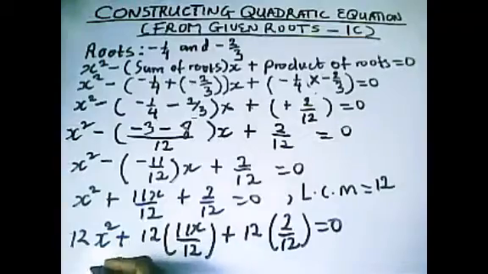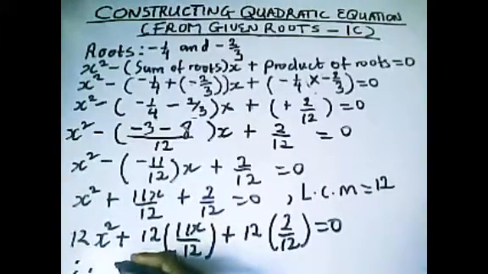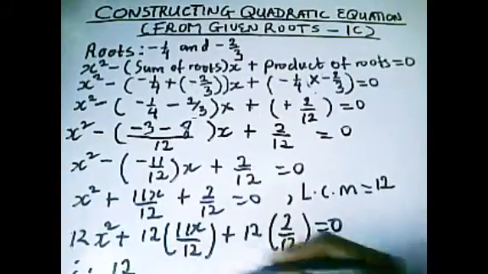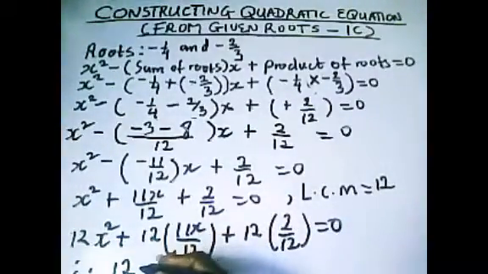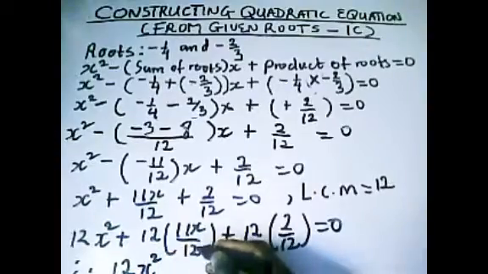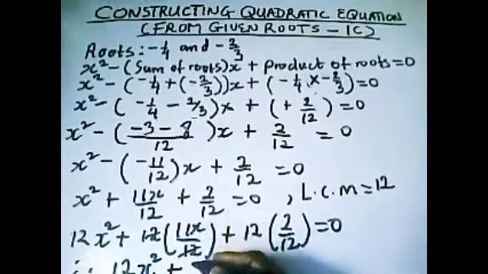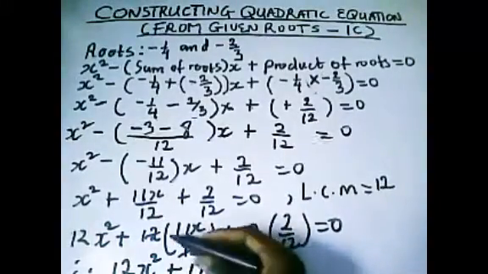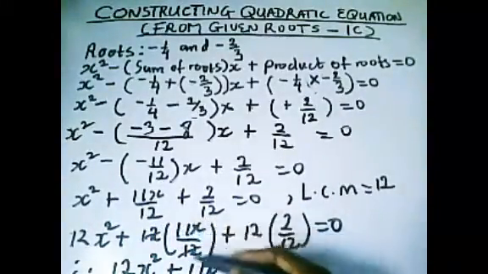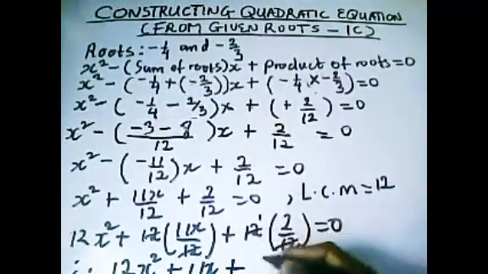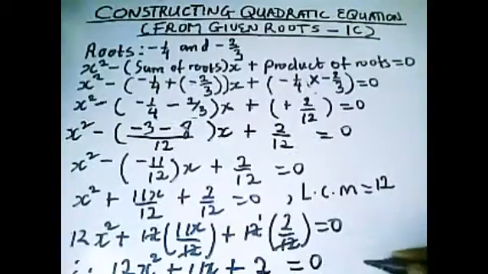Now if we do this, we have the final answer as 12x squared. This 12 will cancel this 12, and here we have 11x. When 12 divides 12, it gives us 1. 1 times 11x will give us 11x. Then here we have plus 12 into 12 will give us 1. 1 times 2 will give us 2. And that is going to be the final answer for the question.